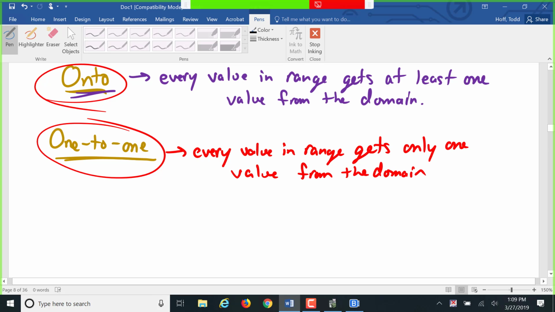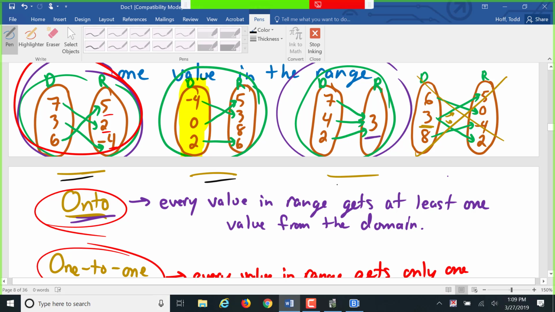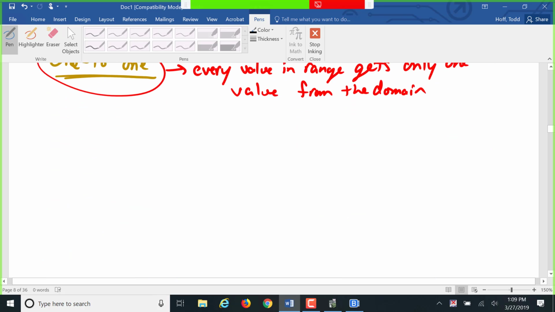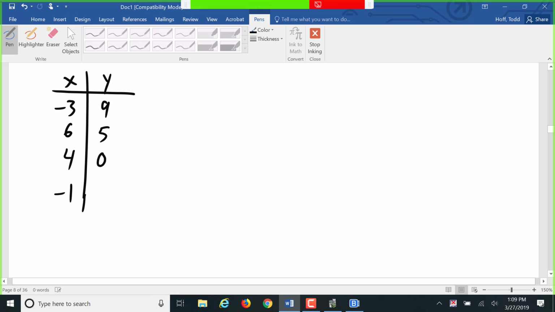So we've looked at the mappings, and we can tell from the mappings which ones are functions. You know, these first 3 are functions. That last one is not. Let's look at our other forms. If I have a table, I'll make this a little smaller. Is that a function? It is.